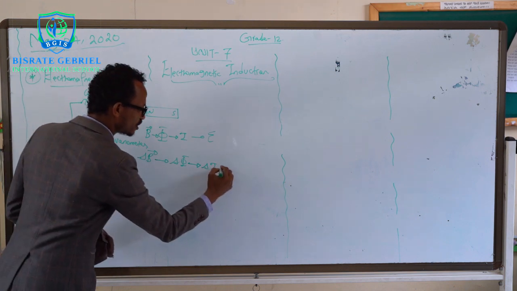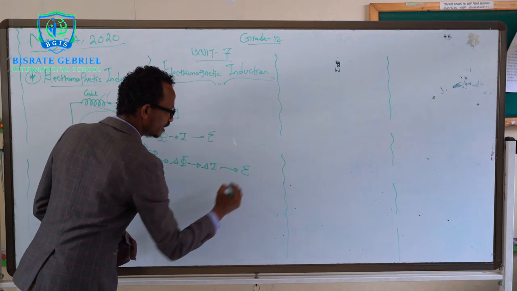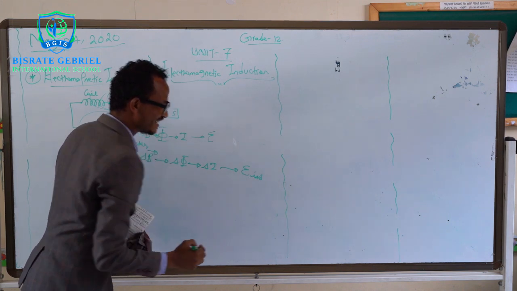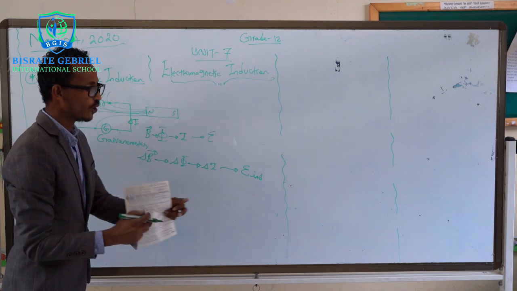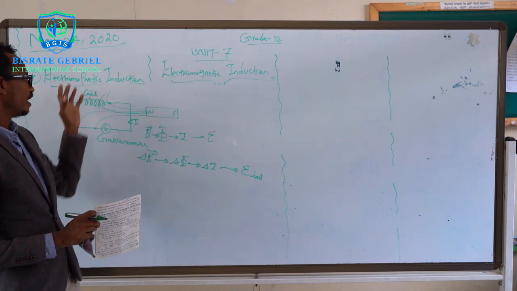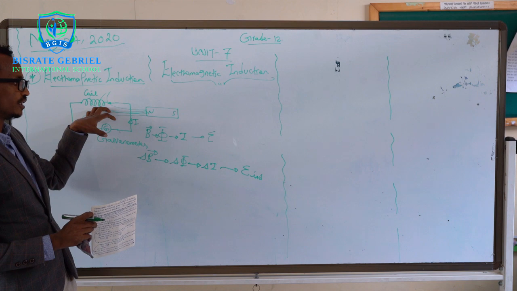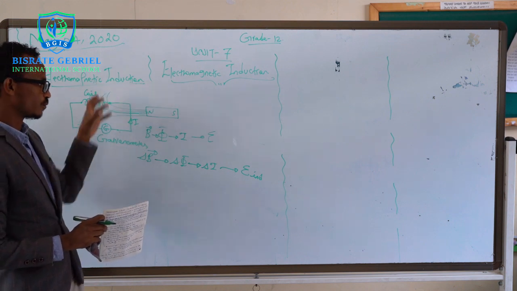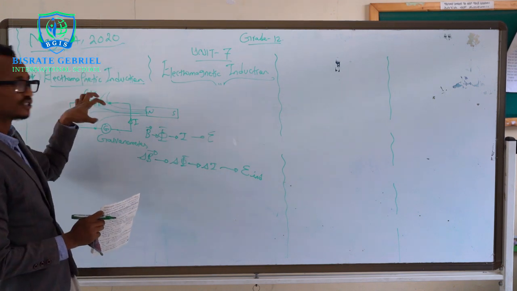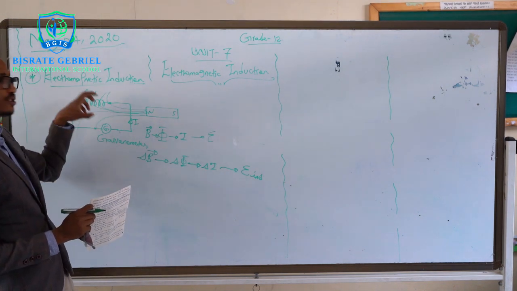And all these situations can produce electromotive force or a voltage. This voltage is known as induced electromotive force or induced voltage, because initially there is no electromotive force on the given circuit, but by using this process we can induce electromotive force across a coil of wire or across a circuit.